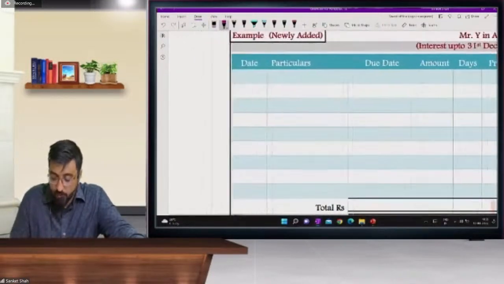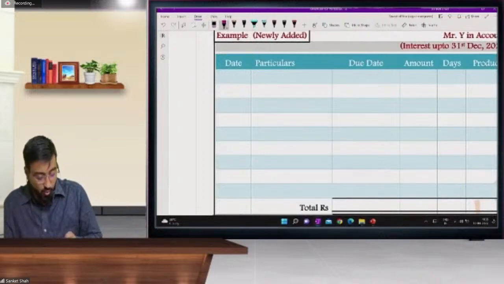So first you will prepare these columns: date, particulars. Very good.